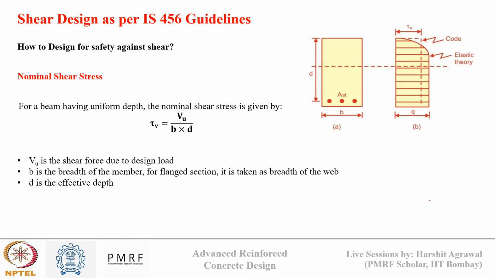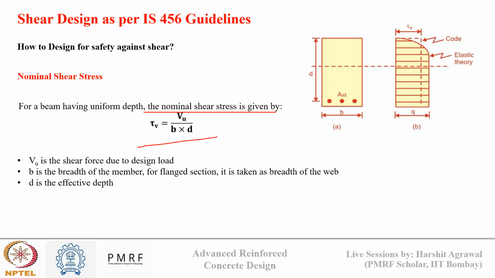Now we know in reinforced concrete, both steel and concrete resist shear. So for a beam having a uniform depth, we determine the nominal shear stress given by this equation.